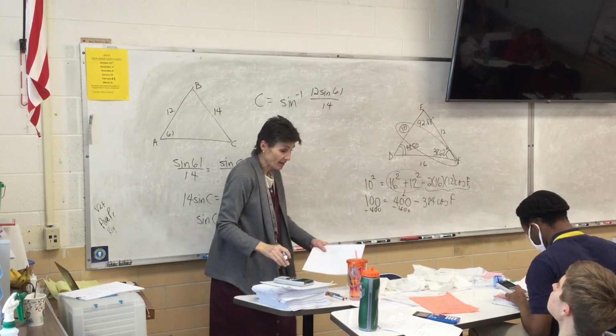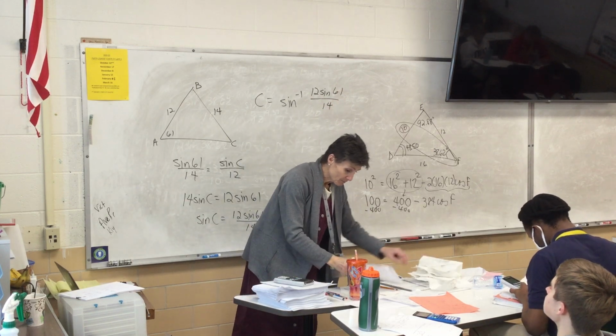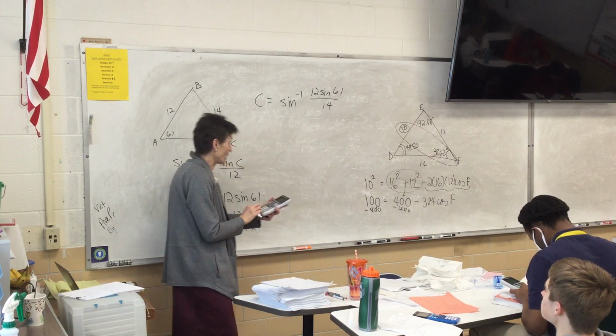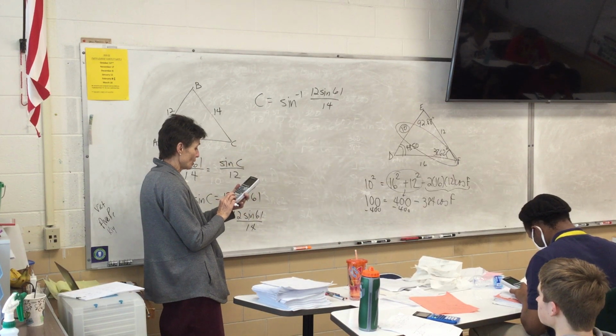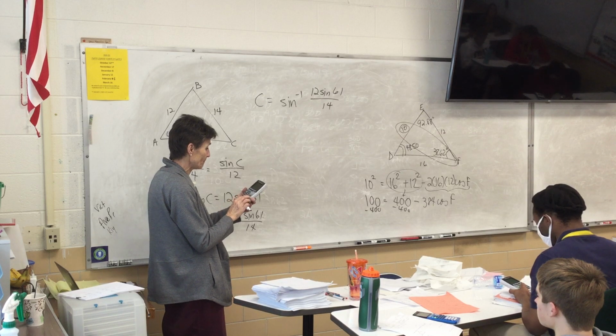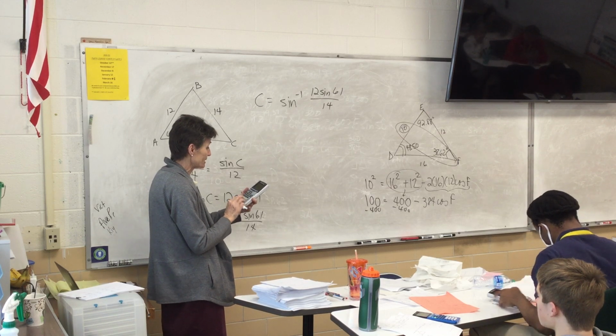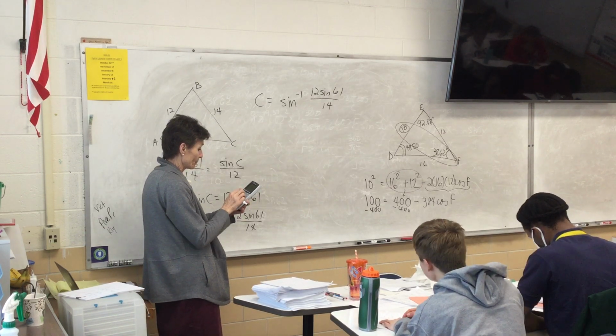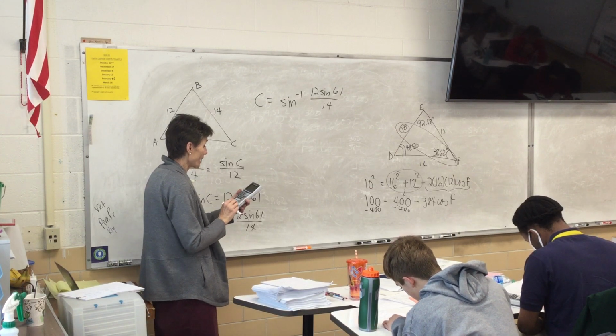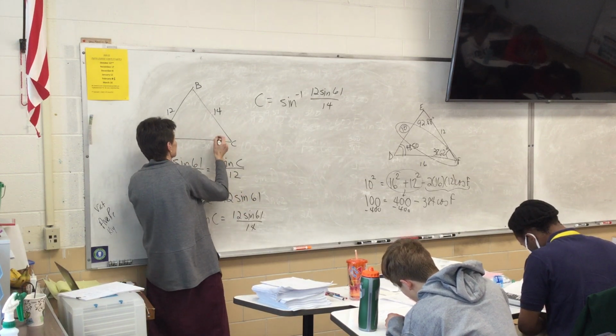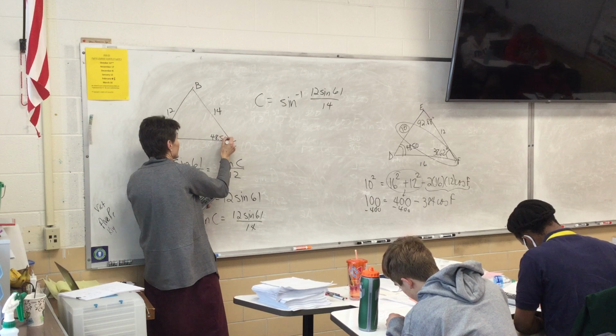Okay, we're going to second sine it. Now, remember, sometimes we don't get an answer when we do that. Let's see if we get an answer. 12 sine 61 divided by 14. I got 48.56. Yes.